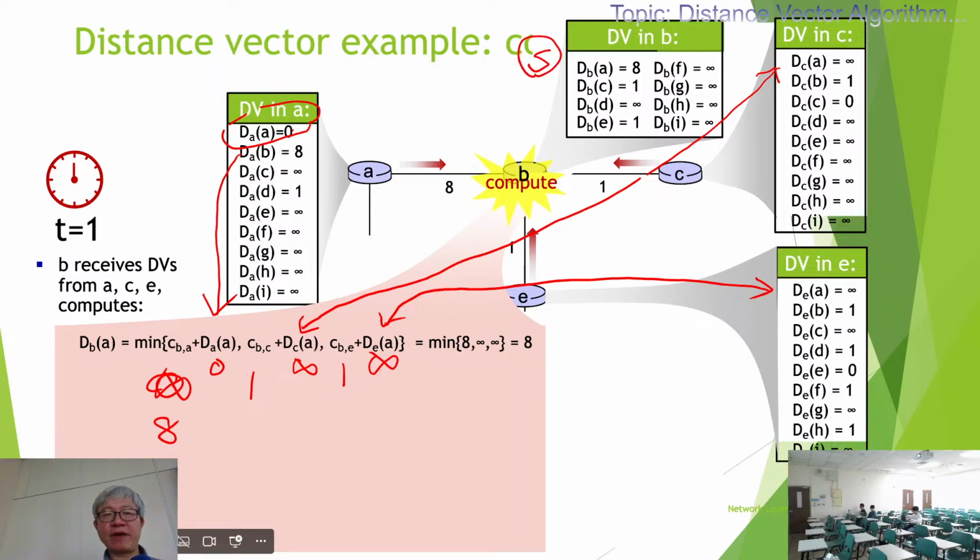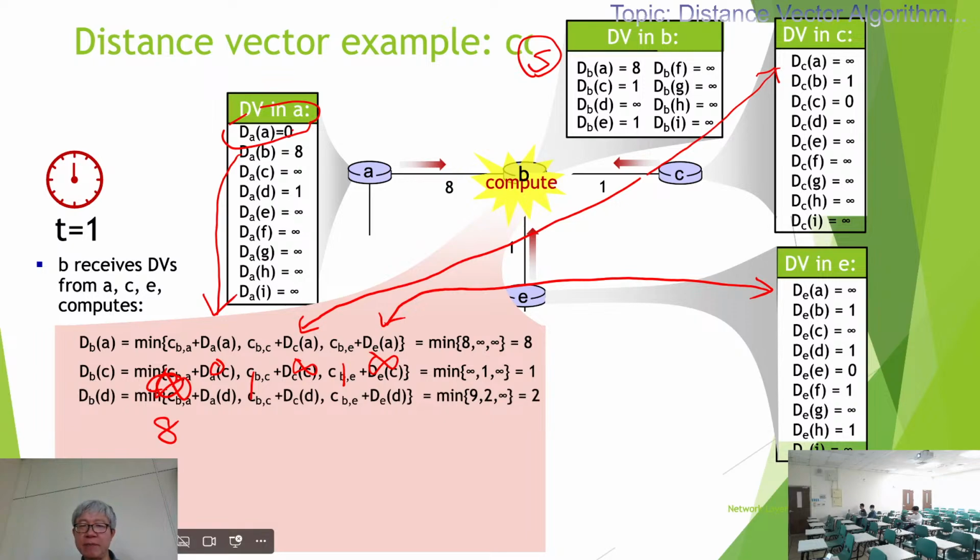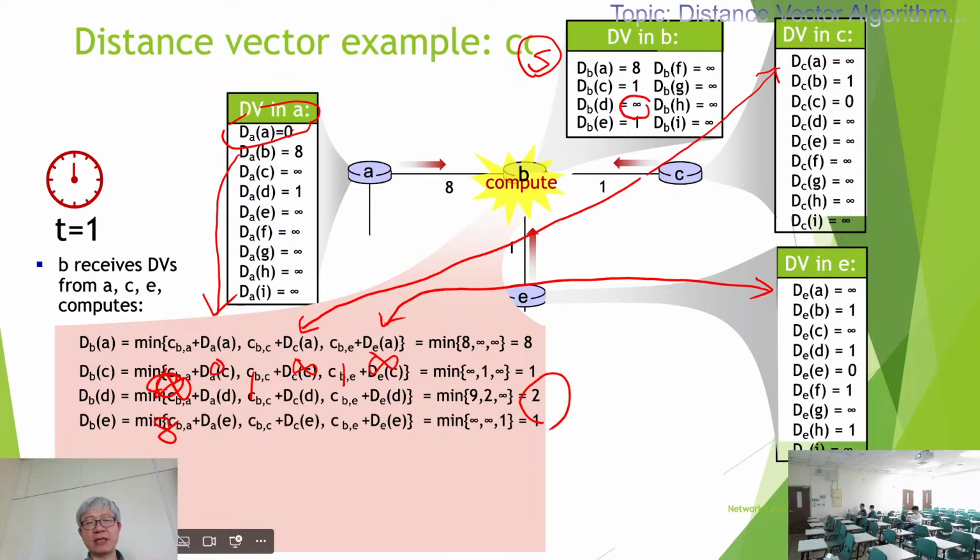Right? However, we have the recomputation for the others. And B to C, it's 1. And B to D, previously we have infinity. Right now we have 2. And we can continue.